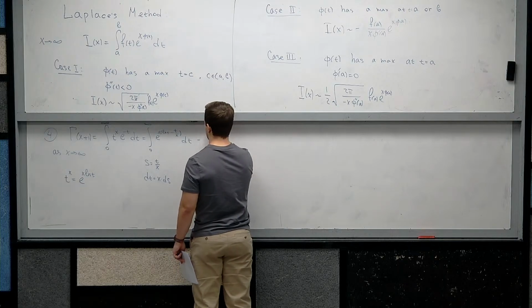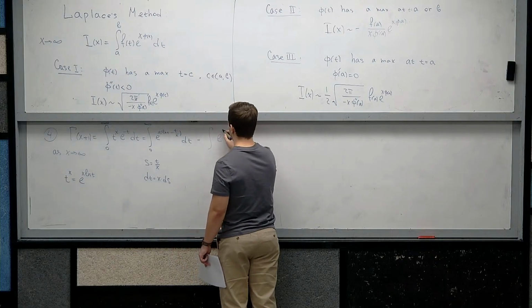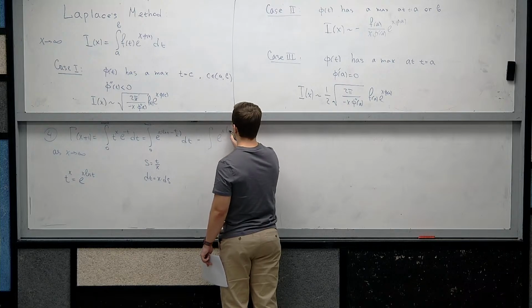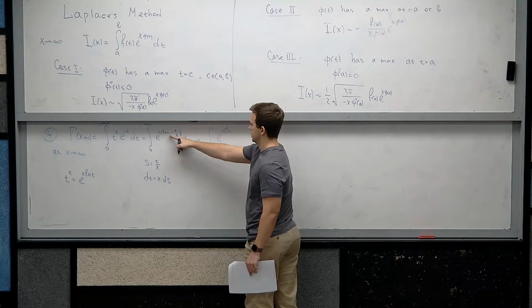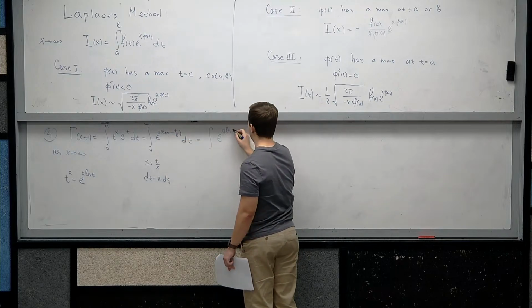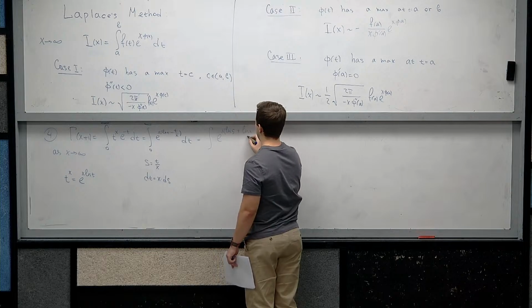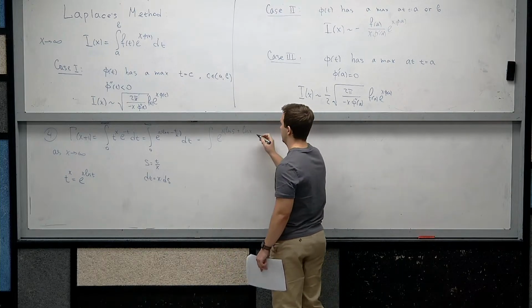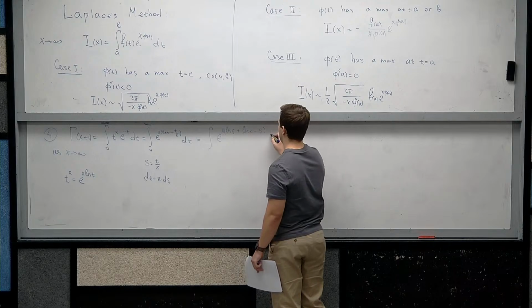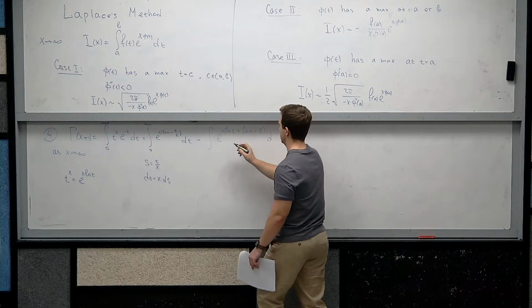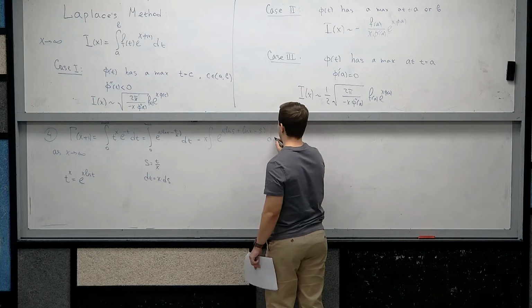So it's e^(x ln(sx) - sx), where ln(sx) I can write as a sum of logs, then minus s, times x ds.